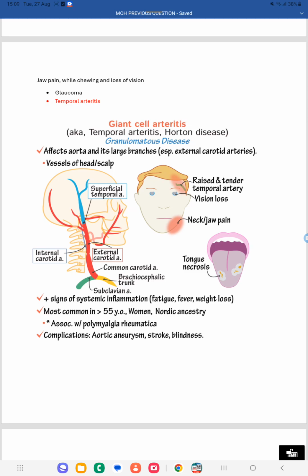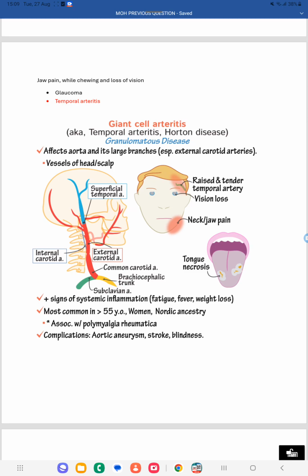The temporal arteries supply near the temple area. You can see in that picture, the temporal area is supplied by the temporal artery. It supplies the scalp area, jaw muscles, and eye region. Temporal artery supplies blood vessels for the scalp, jaw muscles, and the eye region.